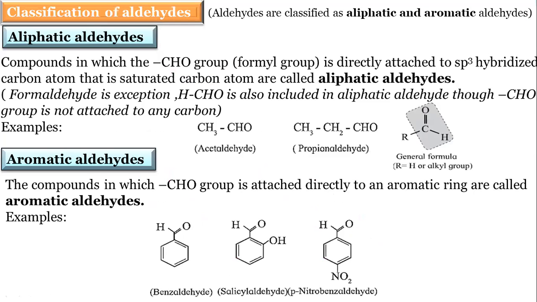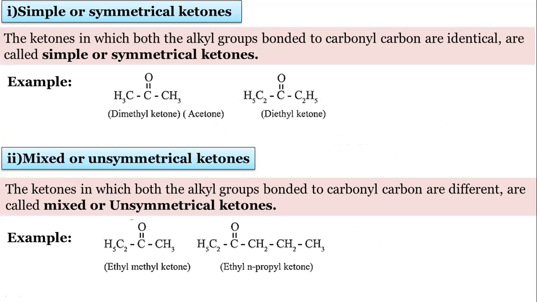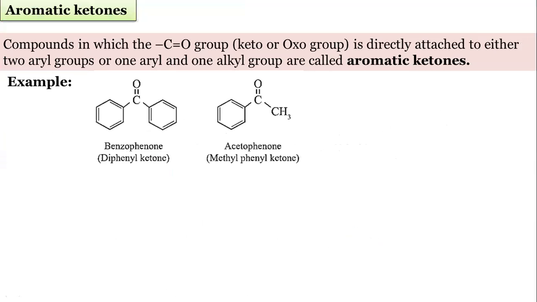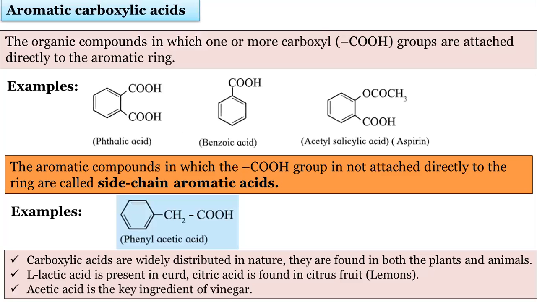If the R group is attached, it will be aliphatic aldehydes. If the Ar group is attached, it will be aromatic aldehydes. So yesterday we already completed the definitions of aldehydes, ketones, the classification, simple and symmetrical ketones, aromatic ketones. All this part is completed.